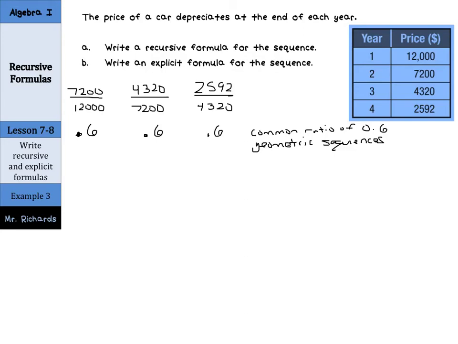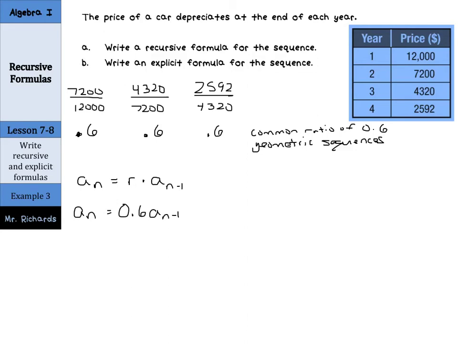Now, once I know this is a geometric sequence, I can go back to the previous example and start with our formula a(n) equals r times a(n minus 1). And our common ratio was 0.6 or 6/10. So a(n) is going to be 0.6 times a(n minus 1).